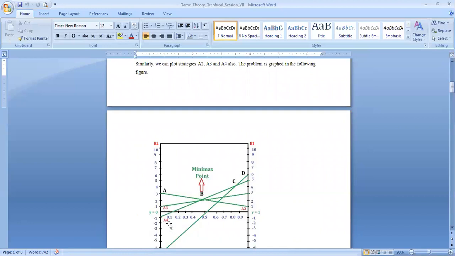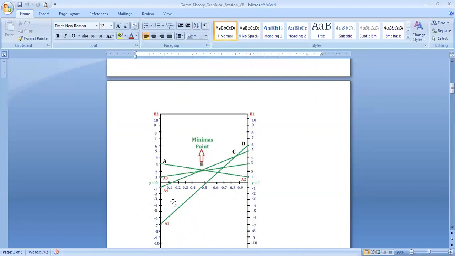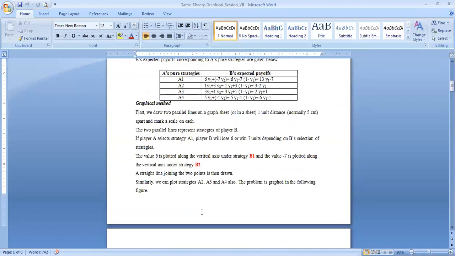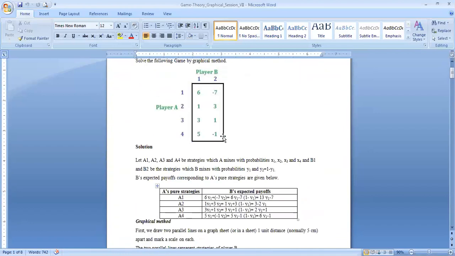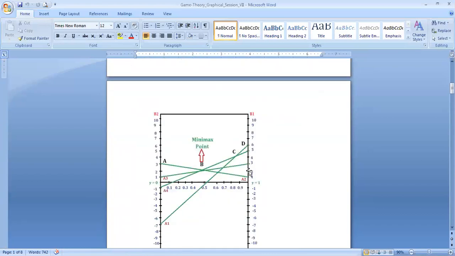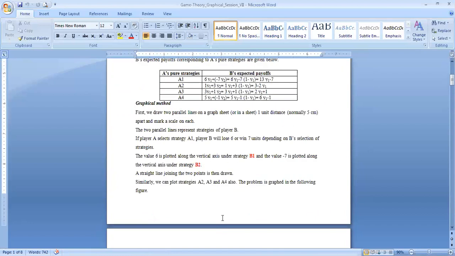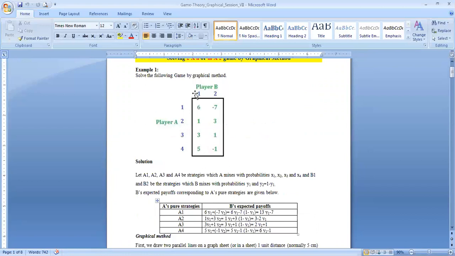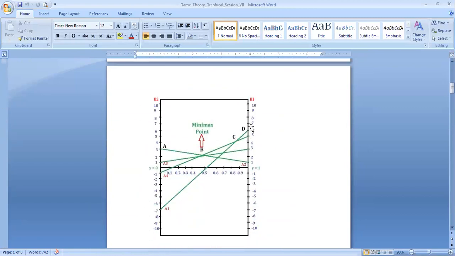You just see here A2, A1, A3, and the last one is A4, that is 5 and minus 1. 5 is here, minus 1 is here, and we have joined these two. These lines indicate the payoff when the player B plays with both strategies and player A plays with a single strategy.